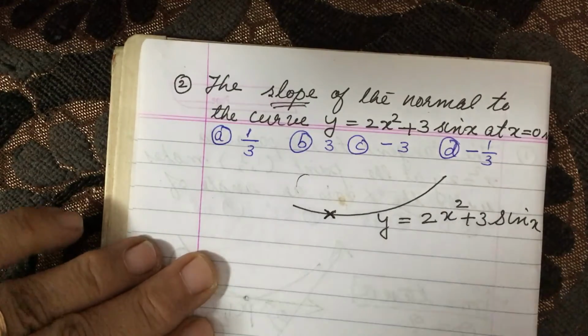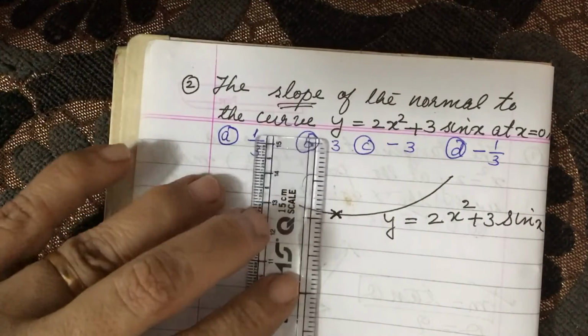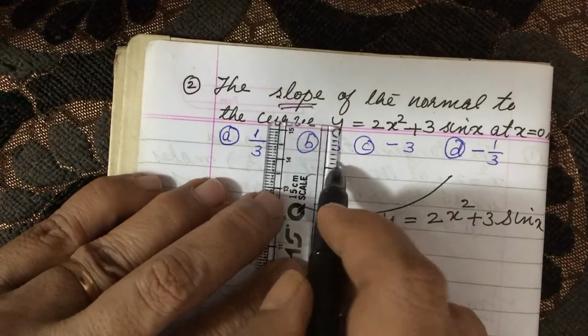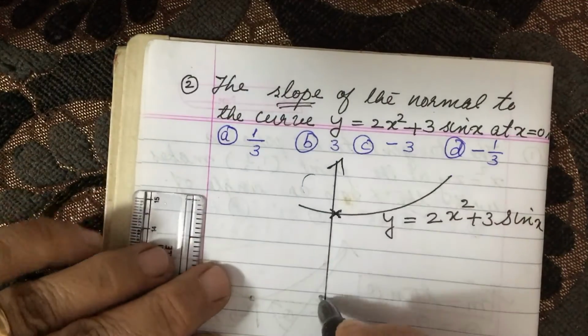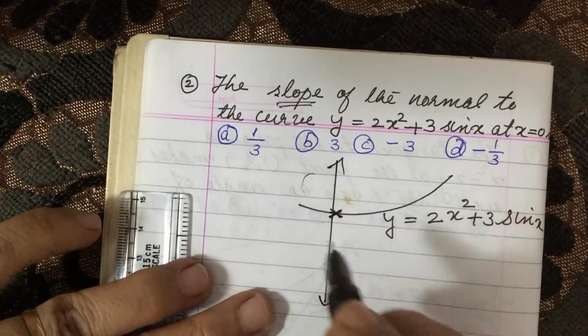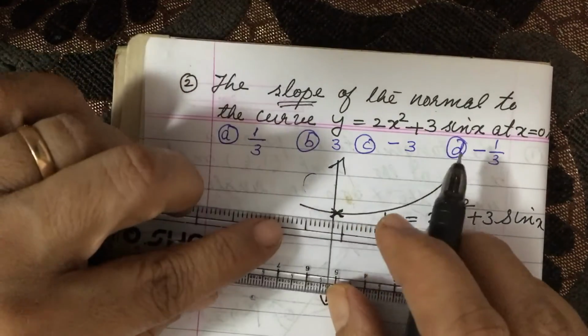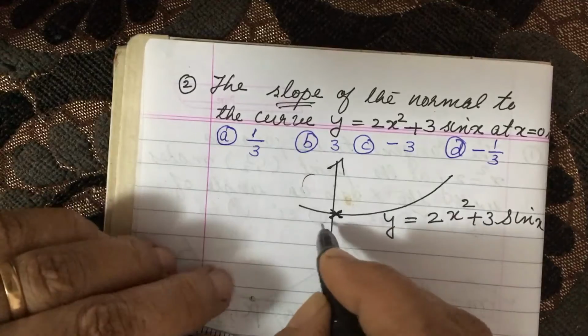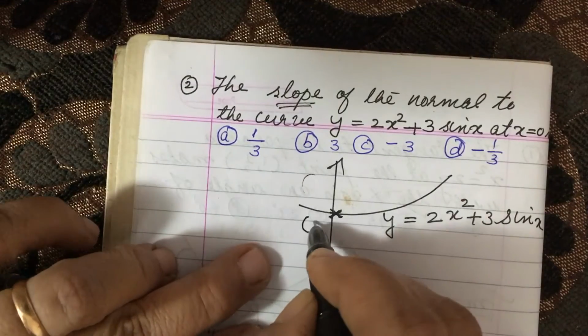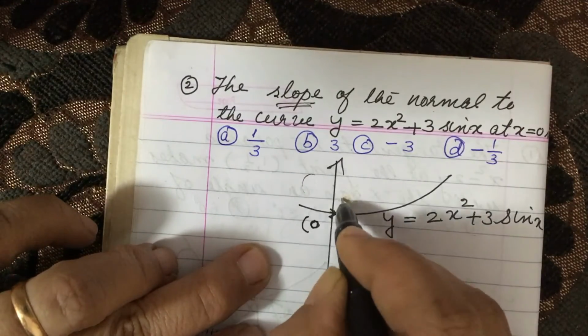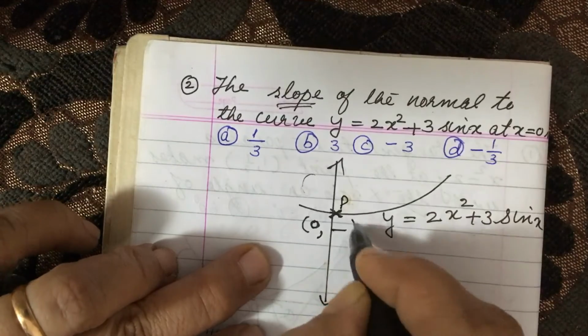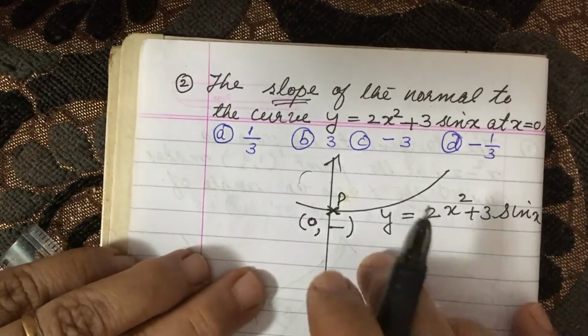So you have to find the slope of this normal. This is the normal, and this is the point of contact to the tangent. So at x equal to 0, the x coordinate of this point P is 0. The y coordinate we don't know.